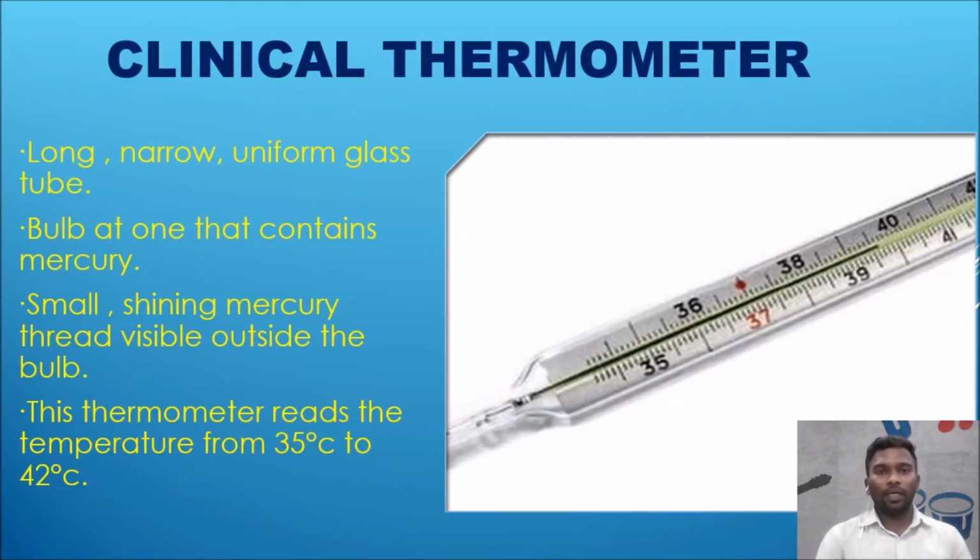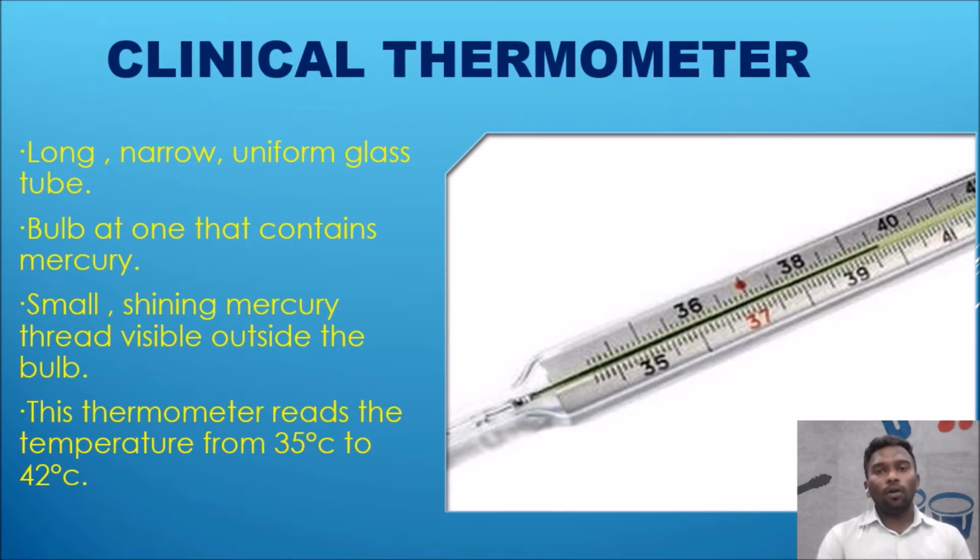Here is the next topic, clinical thermometer. Before getting into the topic, let me introduce you to the types of thermometers. We have different types of thermometers. First one is the clinical thermometer. Second one is the laboratory thermometer. Third one is the digital thermometer.